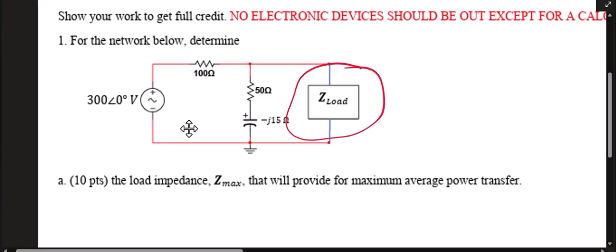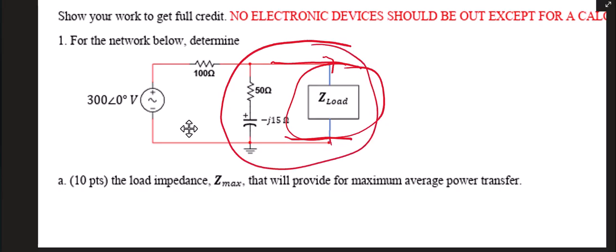And when he asked for the power through the load, I need to find the voltage across the load, and depending on what formula I use, the current through just the load. If he had asked about the power for this part of it, then that's what I found just a minute ago, completely on purpose. And so I would use the impedance of that combined.